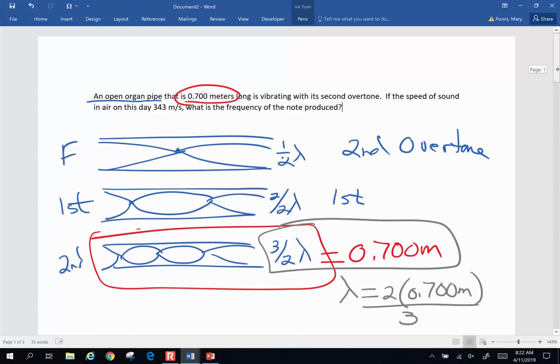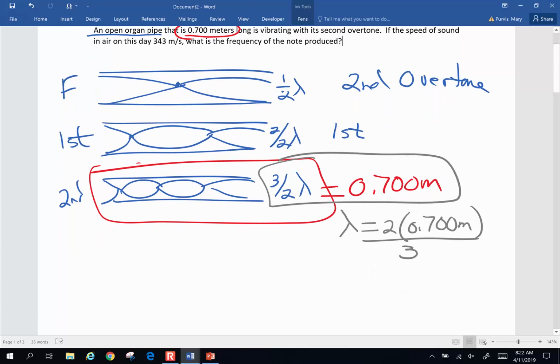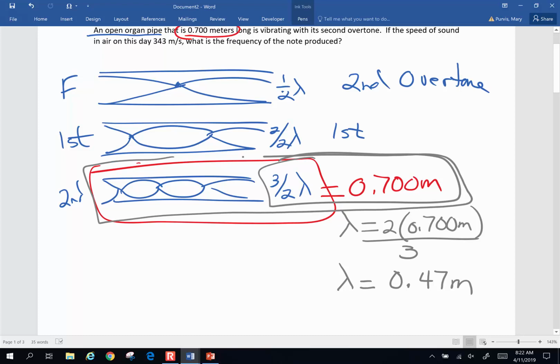So the wavelength of my wave is physically going to be, when I do the math, 0.47 meters. So we have to have our understanding of our overtones and how the pipes oscillate in order to calculate our wavelength.